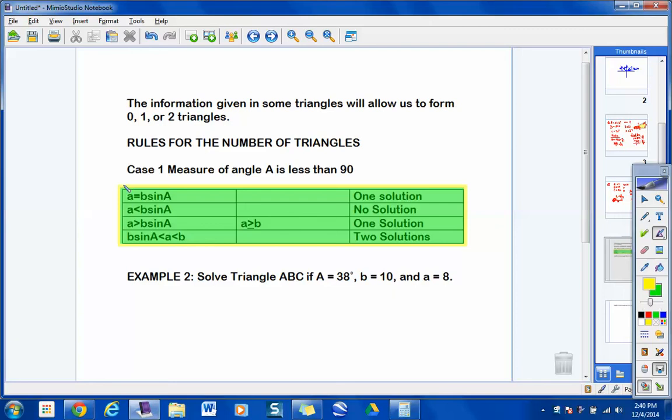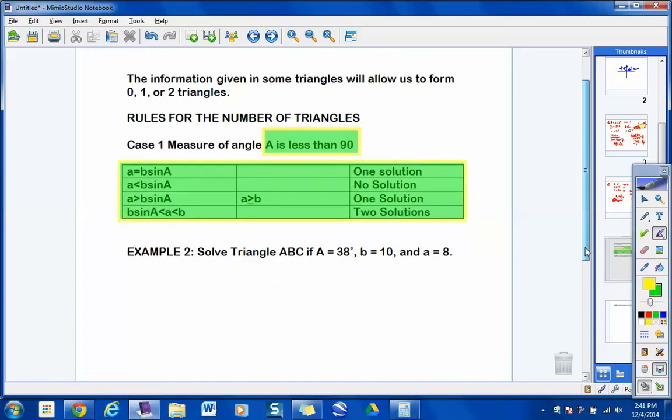Case 1 talks about this idea of the measure of angle A being less than what here? 90 degrees. Now it's possible A might be more than 90. We agree there? Everybody agree? Okay, so in example 2 right here, here's what I want to start doing.